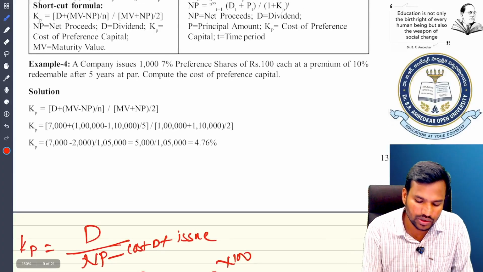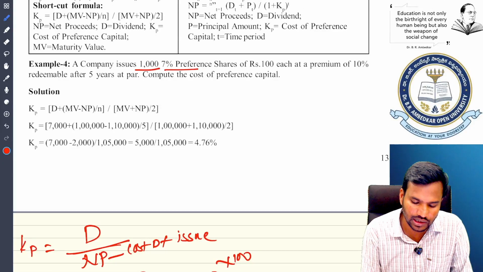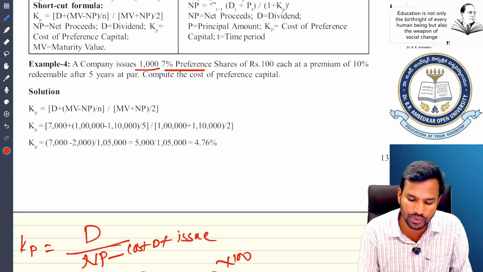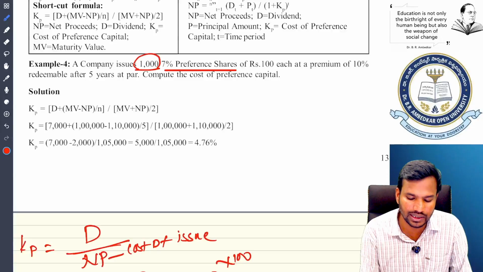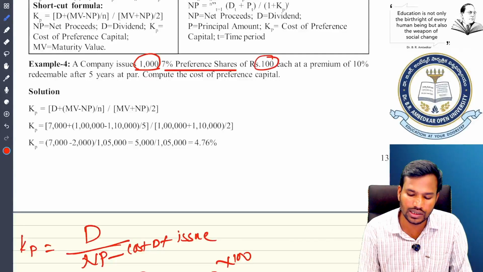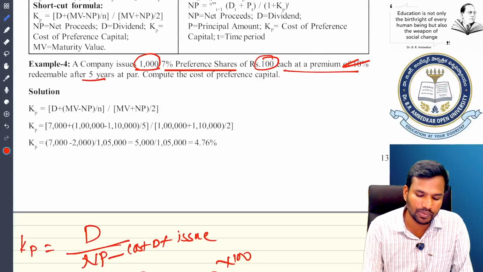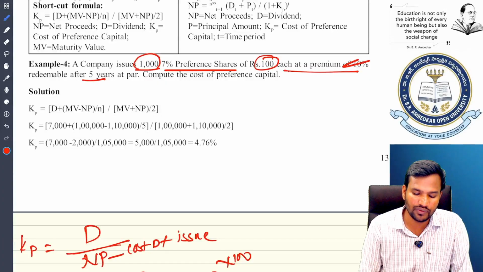A company issues 1,000 preference shares, 7% preference shares. Quantity is 1,000, percentage is 7, rate is 100 each, premium 10%. Redeemable after 5 years.